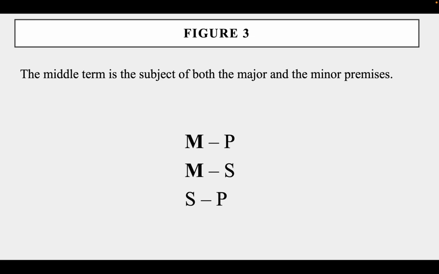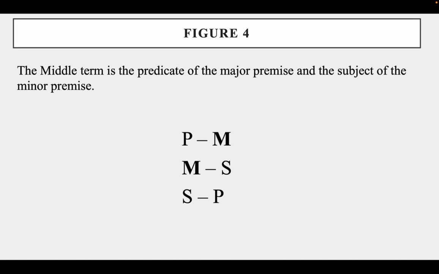Figure 3, the middle term occurs as the subject of both premises. And the last one, figure 4, the middle term occurs as the predicate term in the major premise and the subject term of the minor premise.